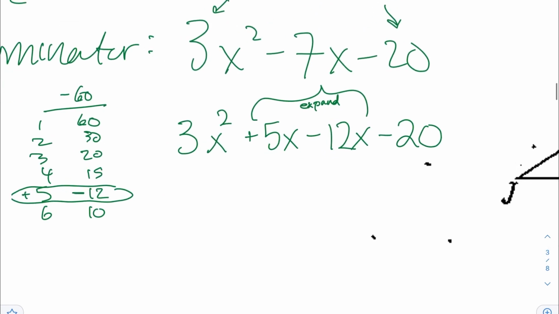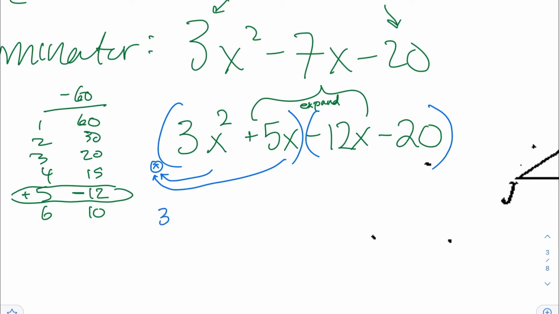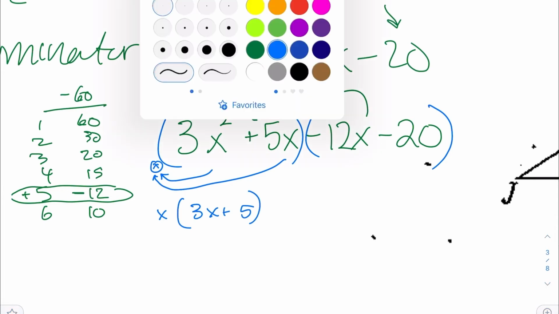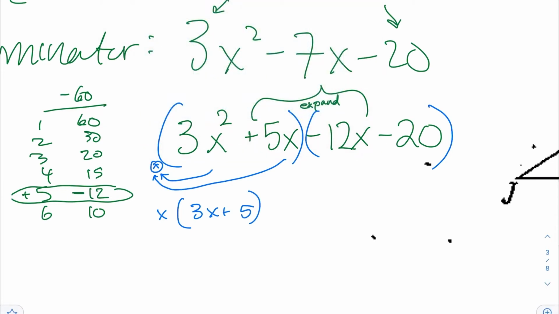Now you'll take each of these separately and factor. So you can factor out x, and that'll give you x times 3x plus 5. Then from the second term, you can factor out a negative 4.